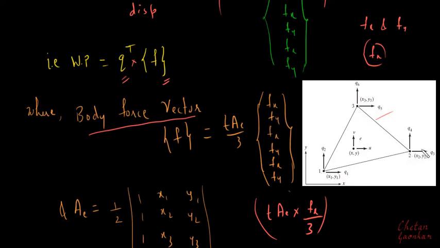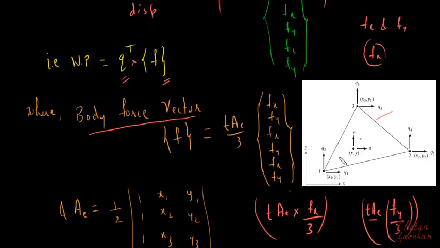And similarly in y direction, we will divide this body force in y direction by 3, and multiply it with this volume t by a, and then apply it at this node, at this node, and at this node. So this is how we can distribute the applied body forces at the nodes, that is by just dividing it by 3 and then multiplying it by volume and applying at each node.